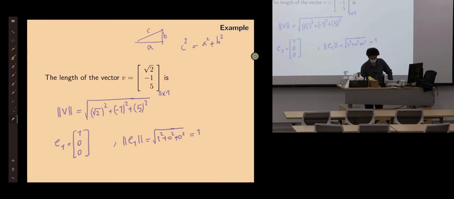Now this is only true if you have a right angle here. Now we're going to talk about the triangle inequality, which is the third property, a more general case. But if you have the right angle, you do have this property.